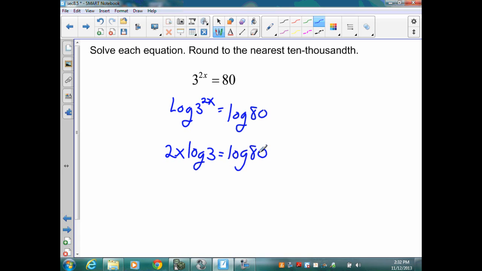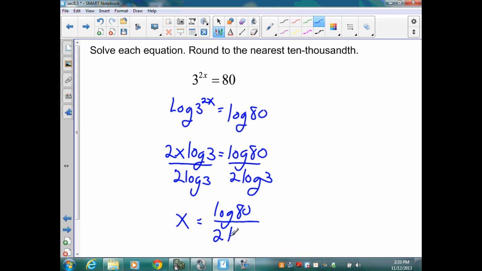Now what I want to do is perform an operation that we've done many, many times in the past, which is inverse operation. 2 is multiplying my x, and the log of 3 is multiplying my x. So what I'm going to do is divide both sides by 2 log 3. And that's going to give me x equal to the log of 80 over 2 log of 3.